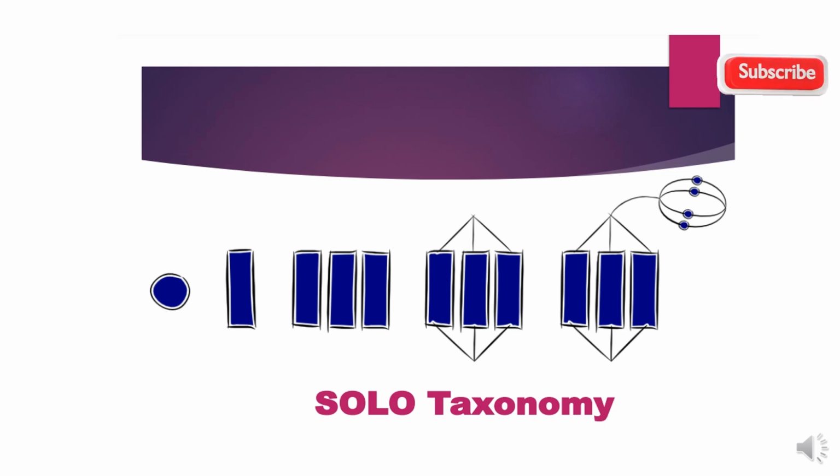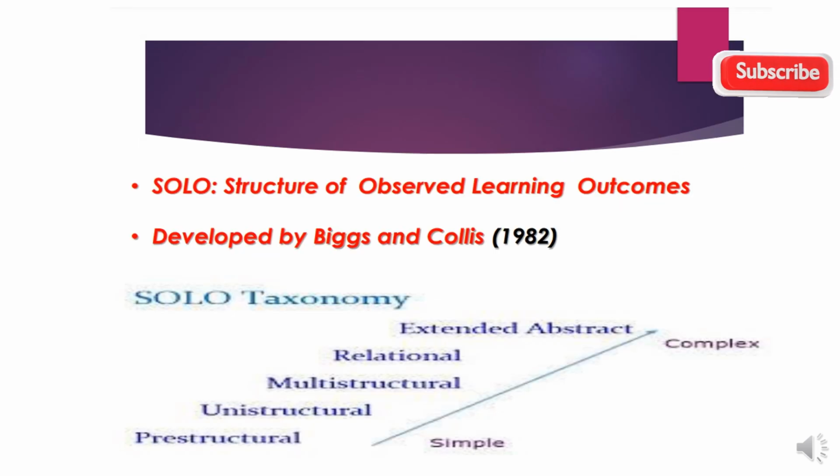Now what is the SOLO taxonomy? This is the diagram, and we describe it in the next slide. SOLO means structure of observed learning outcomes, developed by Biggs and Collis in 1982.